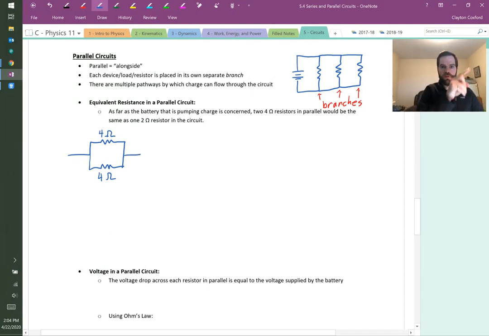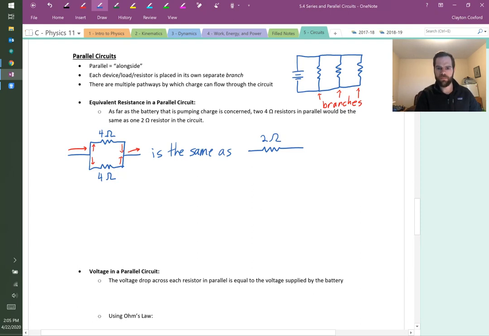So we would have current flowing right here, and then the current would split off. Part go this way, part go this way, and then it would connect back together and flow through here. And this, we're claiming, is the same as a single 2 ohm resistor.